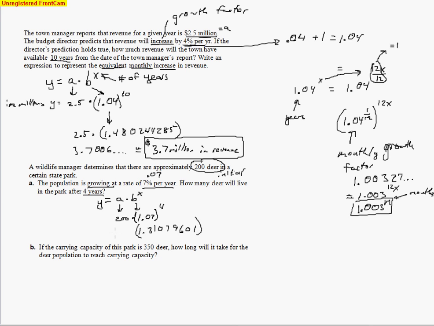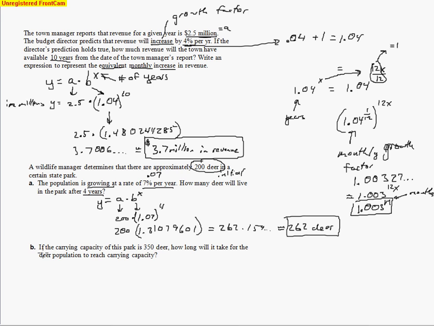I can use that number and multiply by 200, and it gives me 262.159, and so on. We can't have 0.159 of a deer, so we're going to say about 262 deer are going to be in the park after the 4 years.